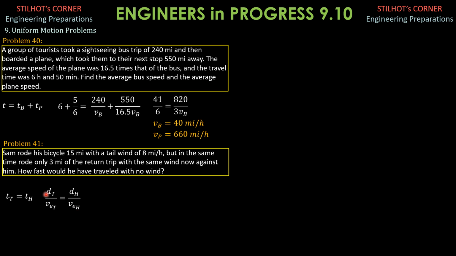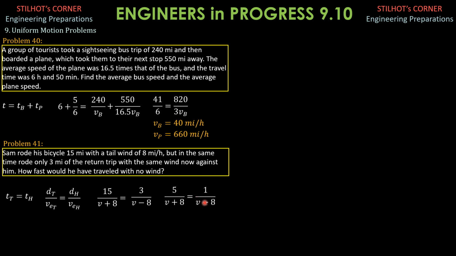So distance traveled with the tailwind is 15, divided by v plus 8, where v is the speed of Sam with no wind, equals 3 miles over v minus 8. So this is the effective speed against the wind. 15 over 3 is 5, so this is 5 and that is 1. So 5 over v plus 8 equals 1 over v minus 8.